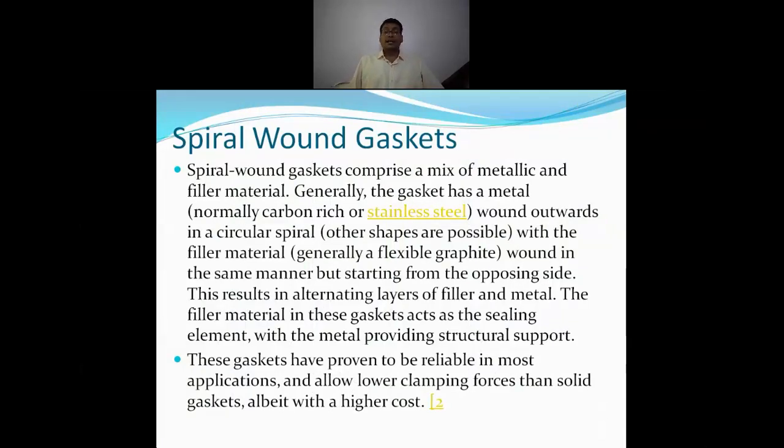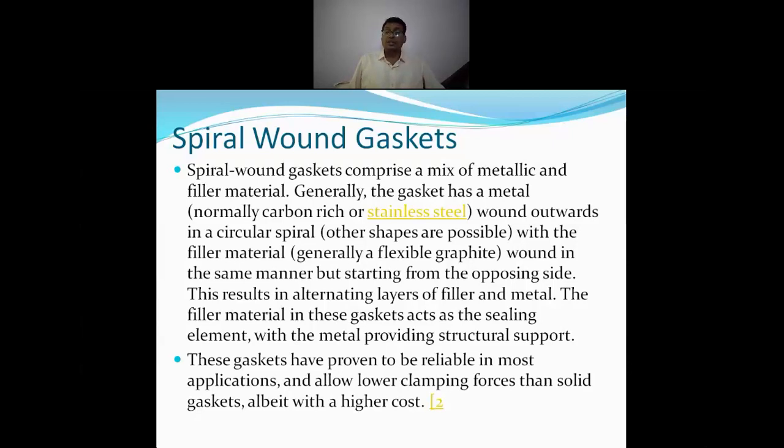Spiral wound gaskets comprise a mix of metallic and filler material. Generally, the gasket has a metal, normally carbon rich or stainless steel, wound outwards in a circular spiral. Whether it is wound outwards or inwards, that varies. Cost varies, application varies.